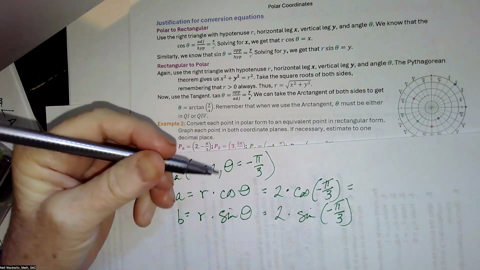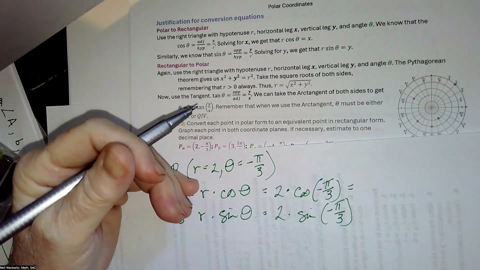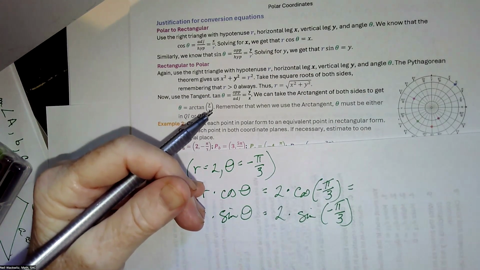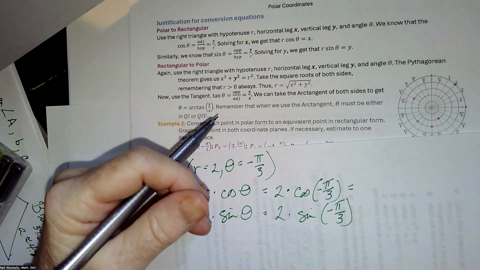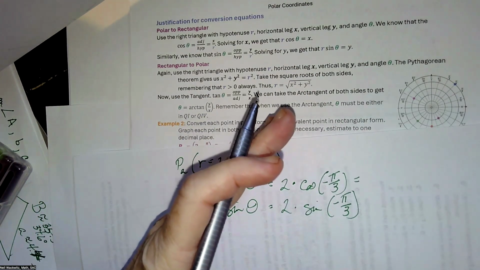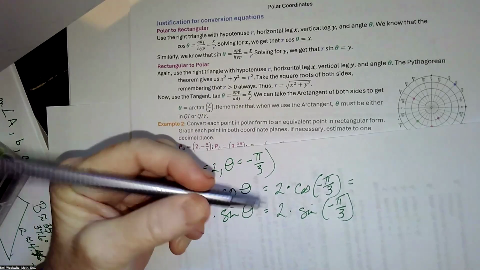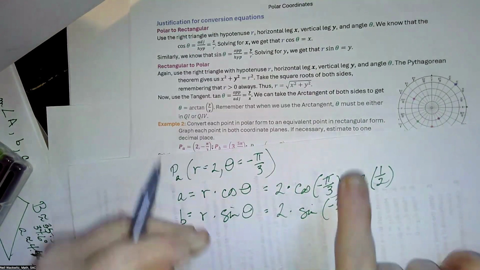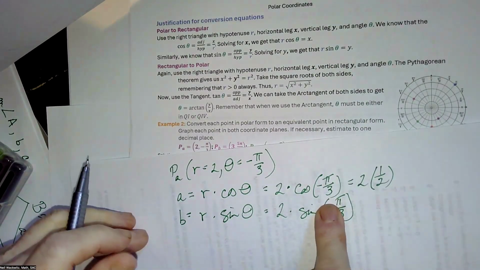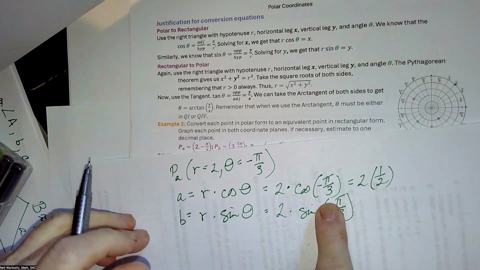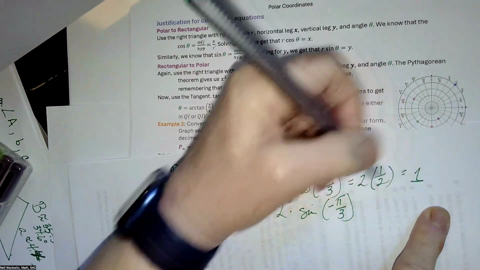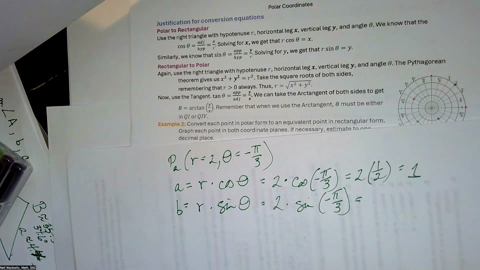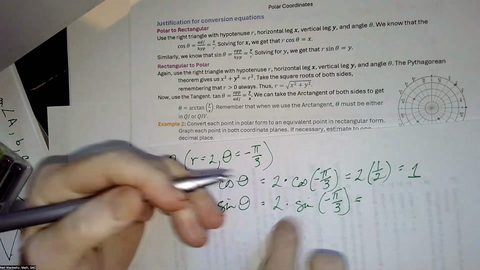So what is the cosine of pi over 3? Maybe 1/2? And is cosine positive or negative in quadrant 4? Positive. Good. Is sine positive or negative in quadrant 4? Negative. Good.